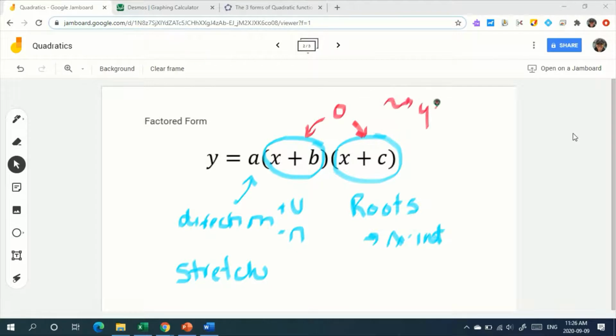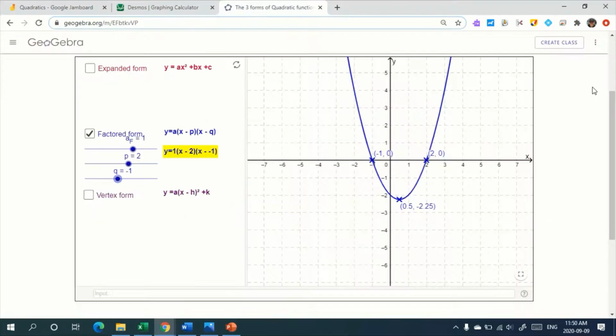So this is where y equals 0, because anything times 0 is 0. So let's have a look. If I set x plus b equal to 0, that means my first intercept is going to be -b. And if I set x plus c equal to 0, my second intercept is going to equal -c.